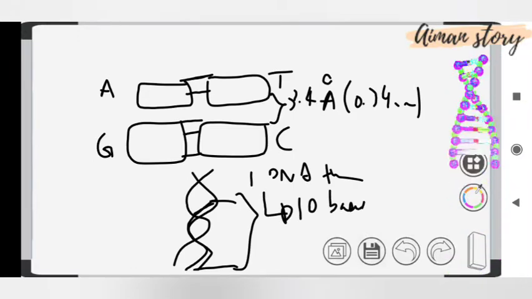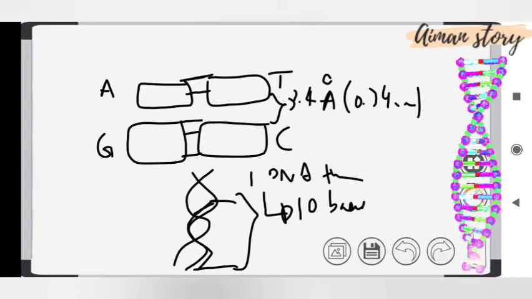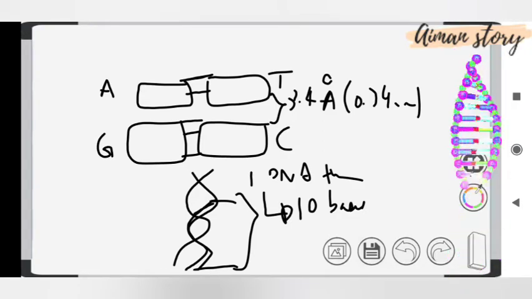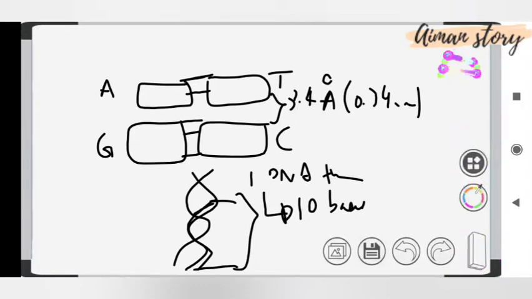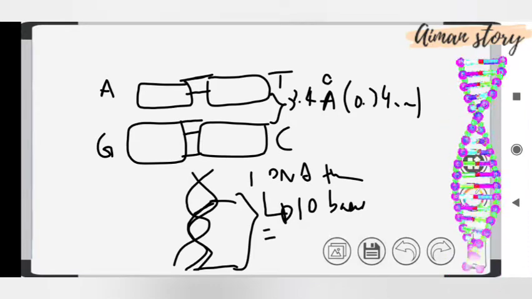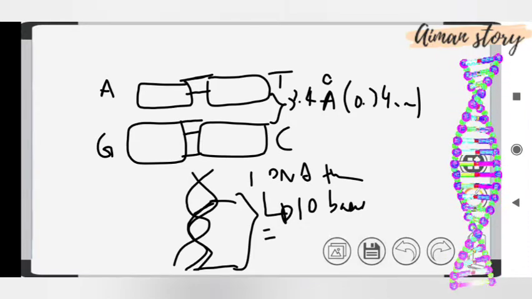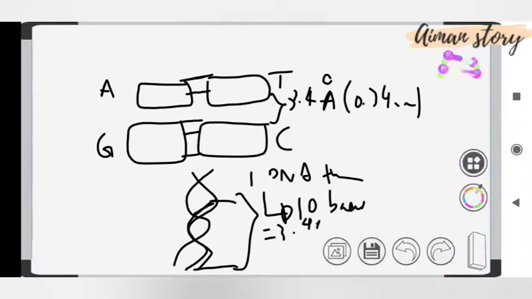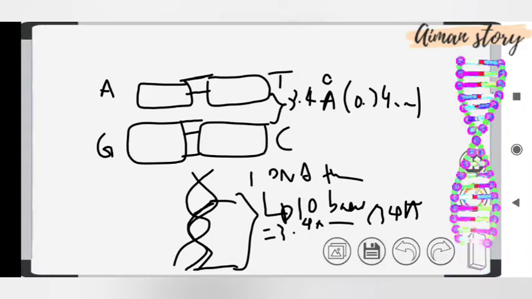If one space between nitrogenous bases measures 0.34 nanometer, and there are 10 bases, the calculation is 0.34 times 10, so 3.4 nanometer or 34 Angstrom.